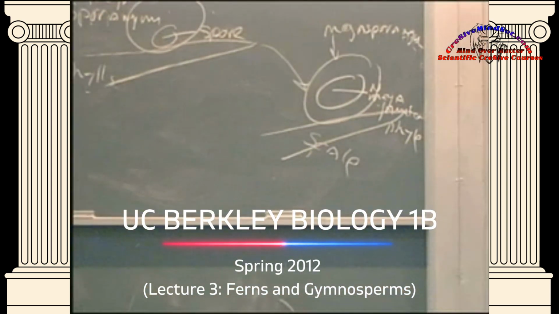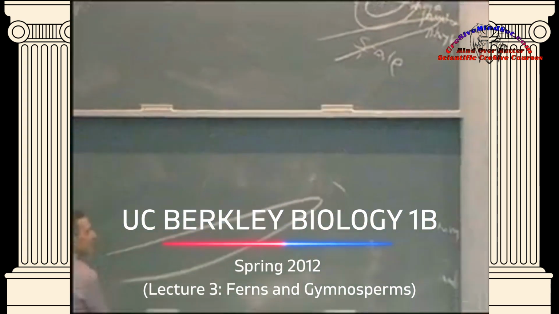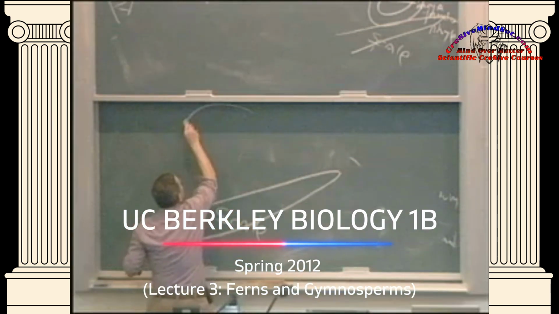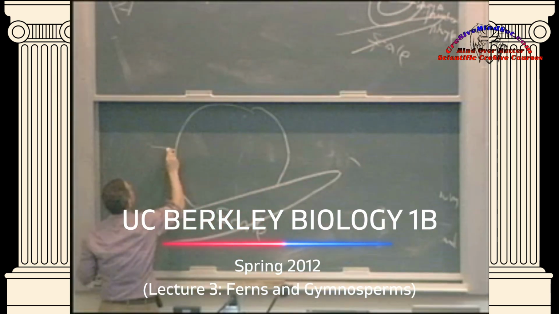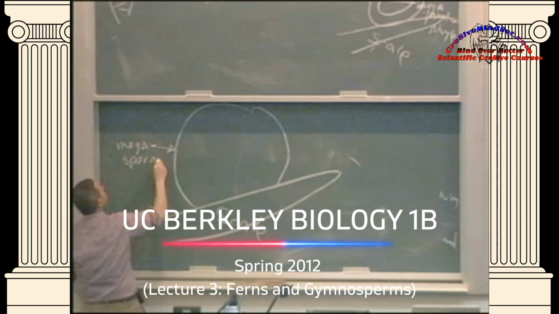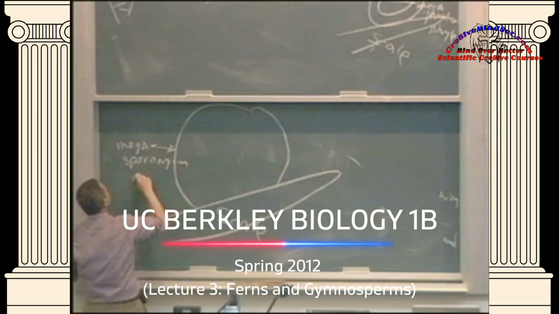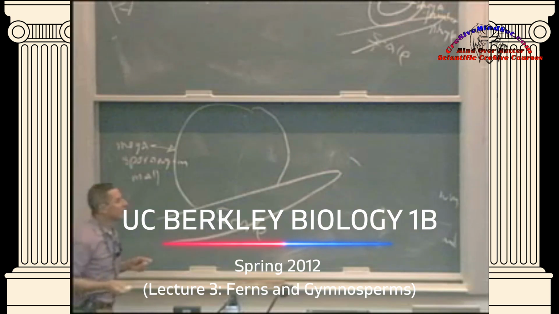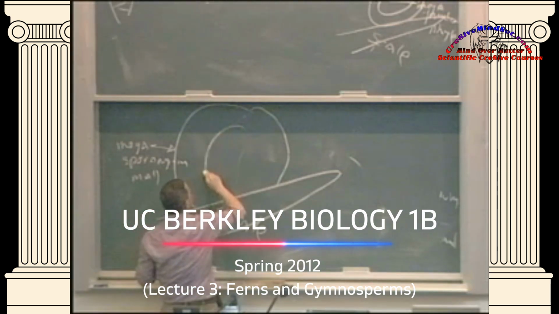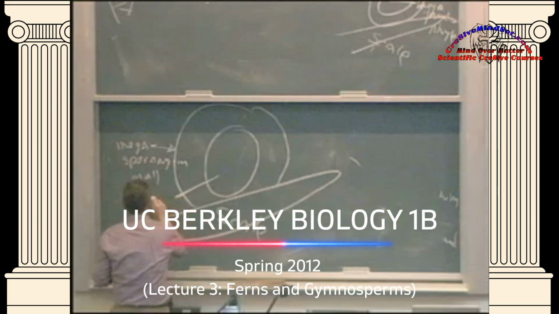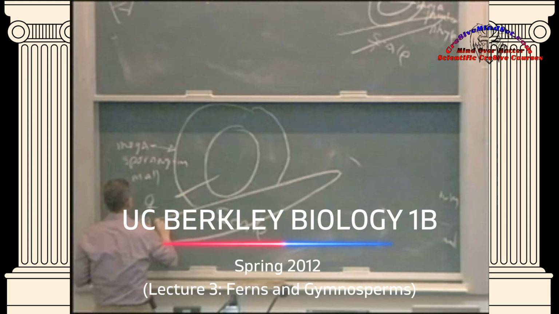Now let's take a look at what's going on in that scale. Make it big for you. Here's that scale again. Here is the megasporangium wall. Now let's draw a picture of the female gametophyte. The female gametophyte, just like you saw before.